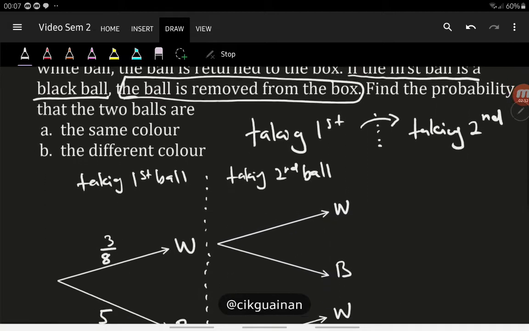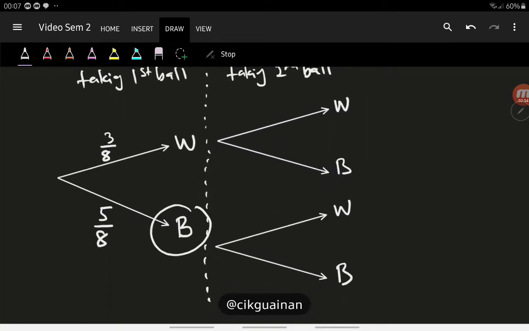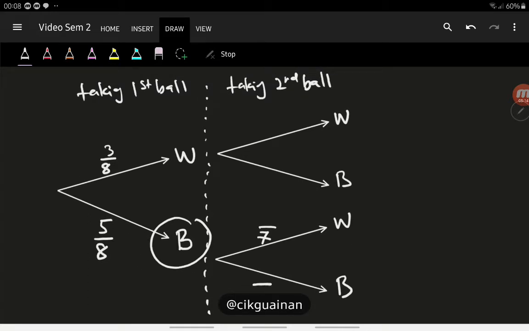When it's removed, the total becomes less by 1, so it will become 7. Since the black ball was already taken out, 5 minus 1 becomes 4. The number of white balls is not changed because the one we took is the black ball. So we are settled with this branch.